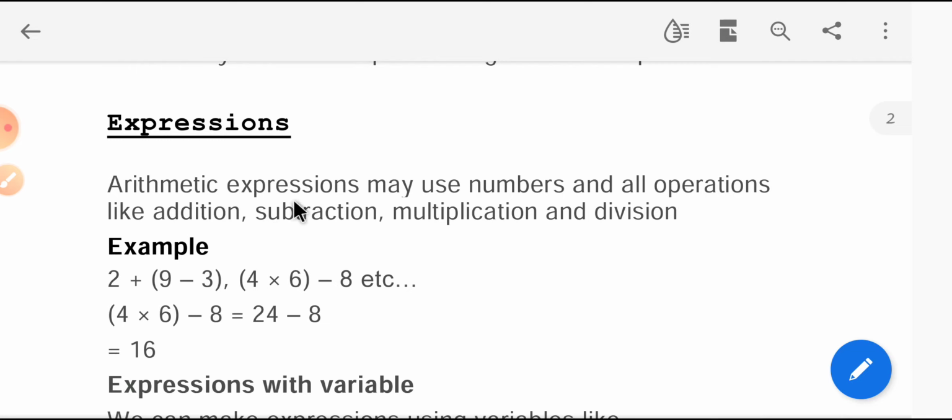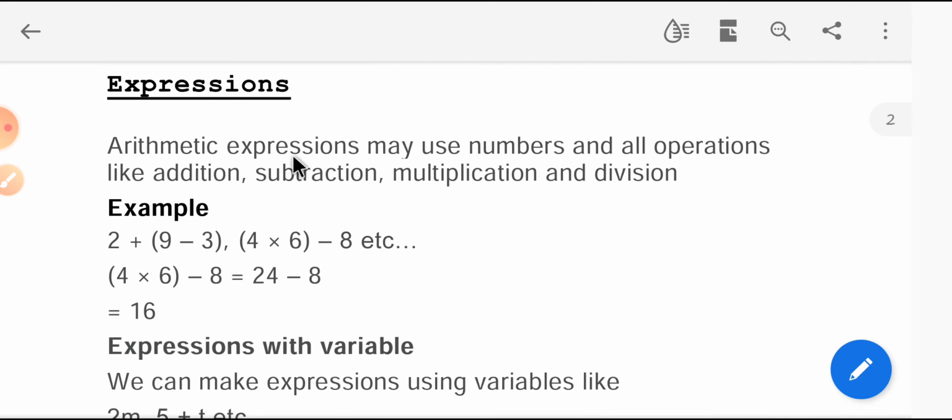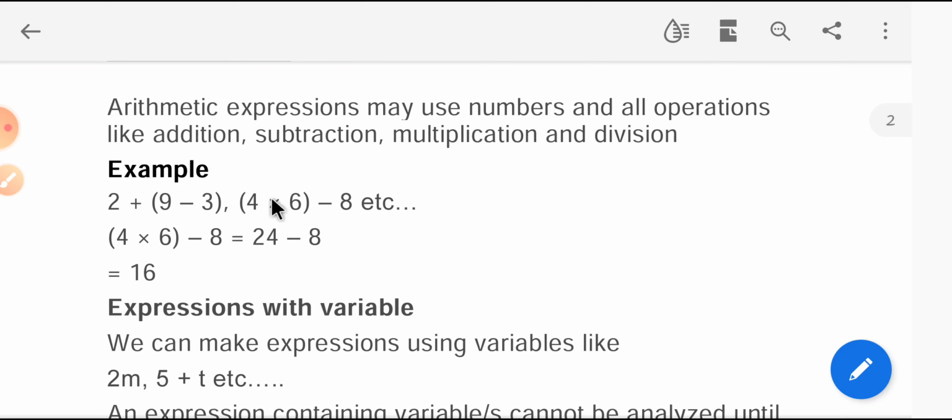Now we'll see how we are making expressions. Arithmetic expressions may use numbers and all operations like addition, subtraction, multiplication and division. Arithmetic का मतलब होता है जिसमें हम चारों operations को use करते हैं. Now using this, how we are making an expression like 2 plus 9 minus 3, 4 multiply 6 minus 8.